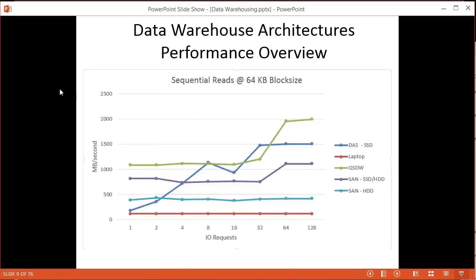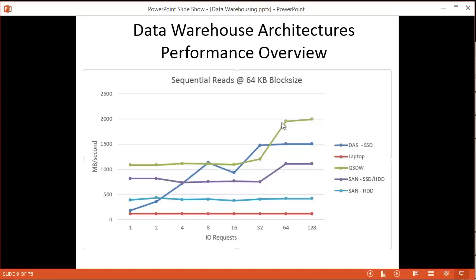So this graphic represents kind of the culmination of what I've been discussing. Here I've charted out multiple systems, and this is all reads. So these are just reads, 64K block size, just like the previous one, but under different hardware architectures. To begin with, this QS data warehouse, Quick Start data warehouse in green, represents a fast track.